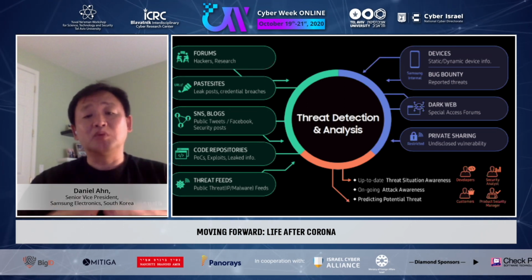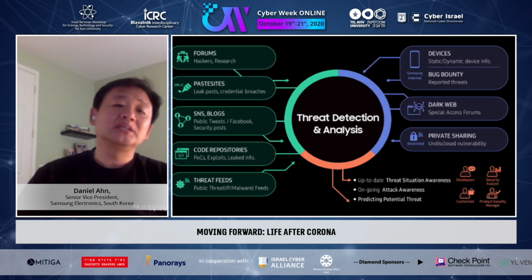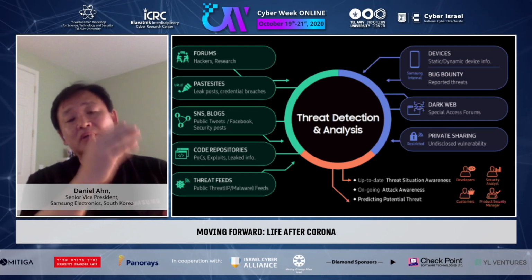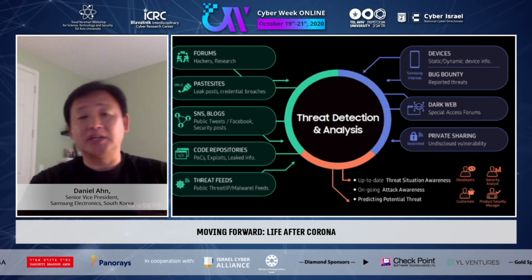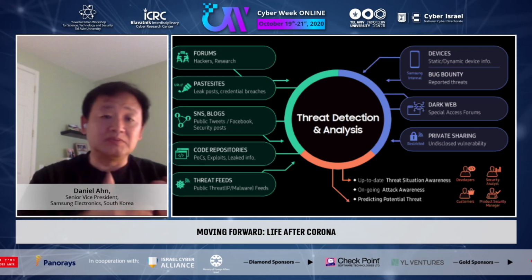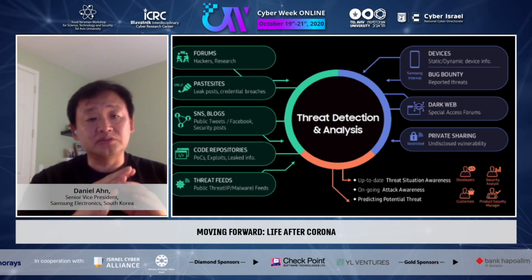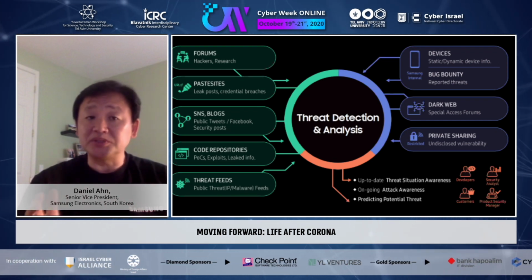In order to have more proactive and meaningful and actionable monitoring, you also have to use various sources such as open source intelligence, such as forums that will have new attack trends as well as some information.